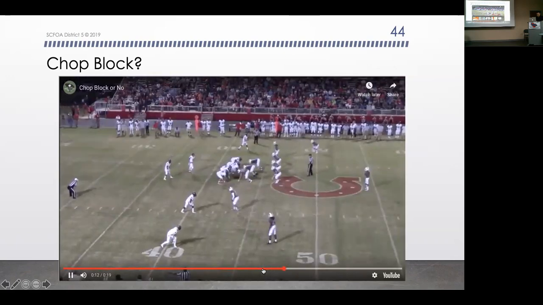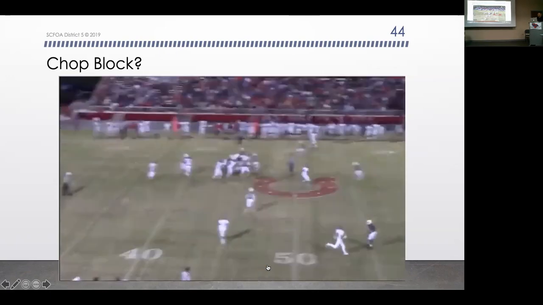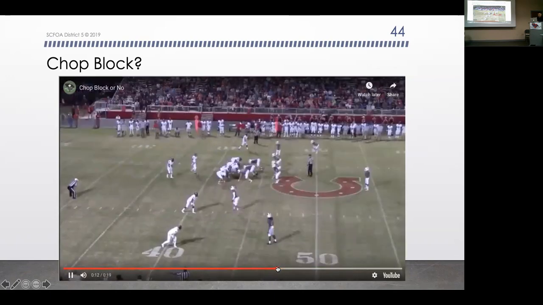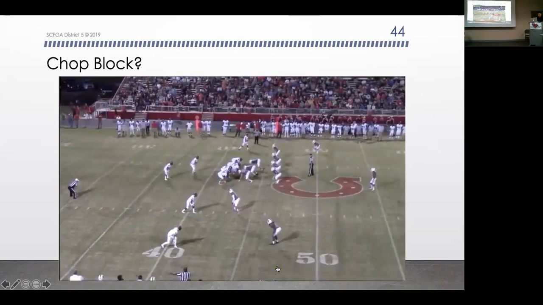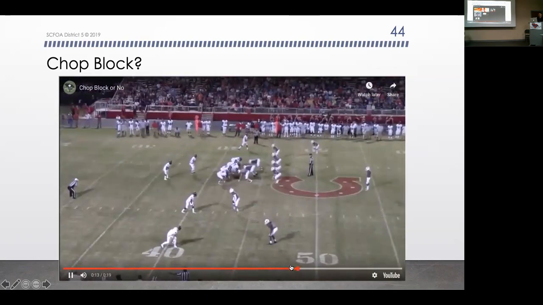All snapped. So you've got one guy coming up, and then you've got another guy that comes in low right there. Who's going to get that call?